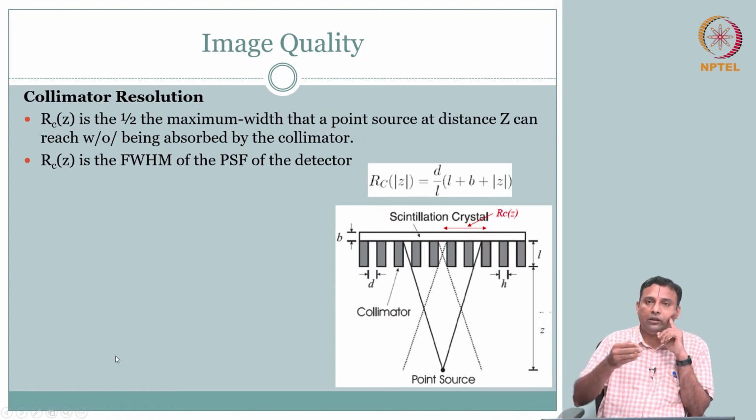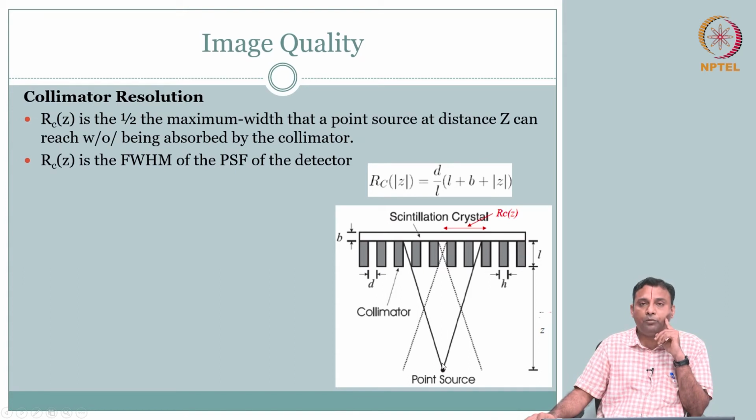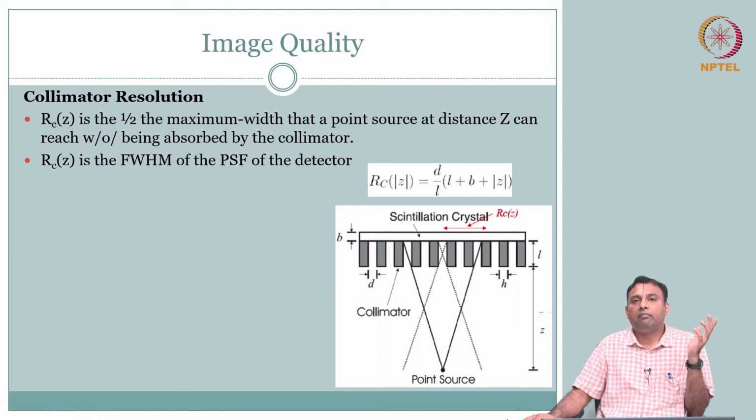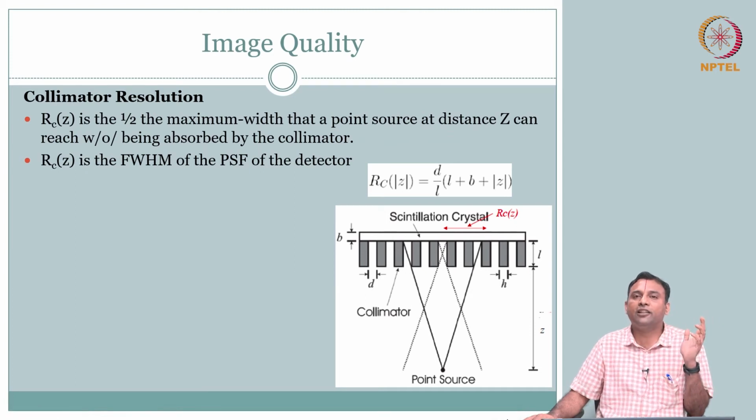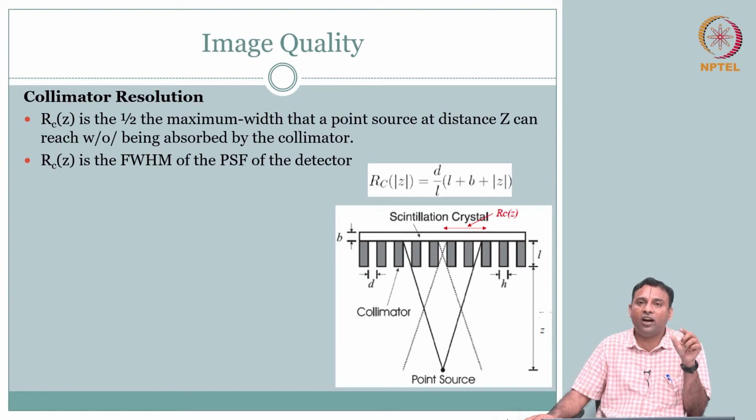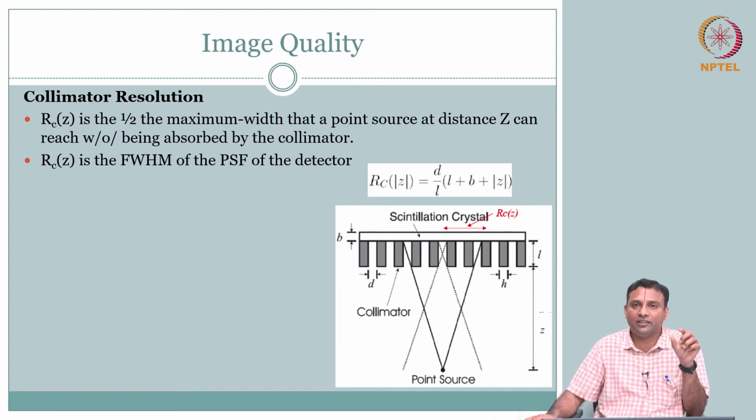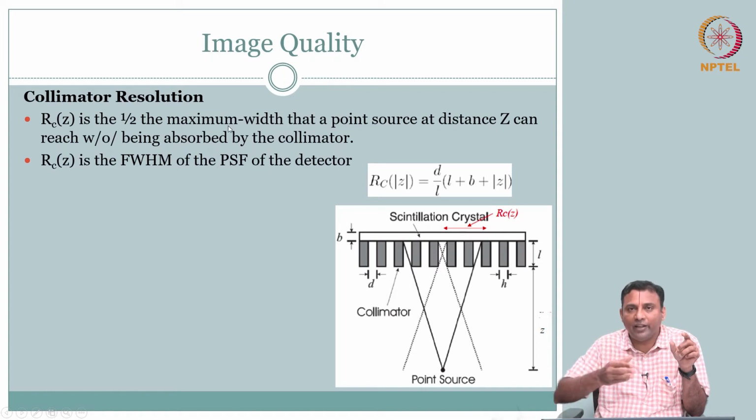That means whether I have the object close to the detector or far away from the detector, that is going to have an influence on the resolution. So, the collimator system resolution is not really a fixed system resolution. The collimator resolution, what we call, is dependent on where you present the object, okay.